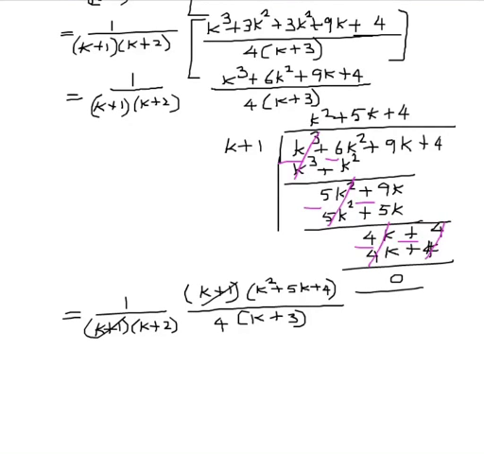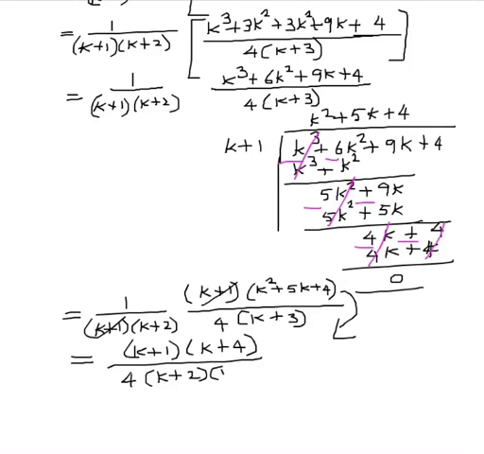Now k plus 1 could be cancelled, and I can further factorize this k square plus 5k plus 4. The factors are k plus 1 and k plus 4. That's it. The denominator is 4 times k plus 2 into k plus 3, and this is the right hand side of the result to be proved.